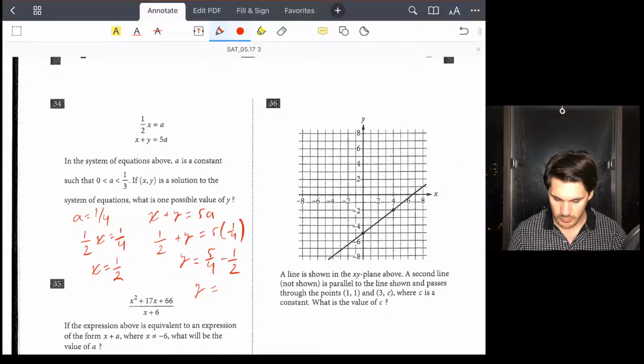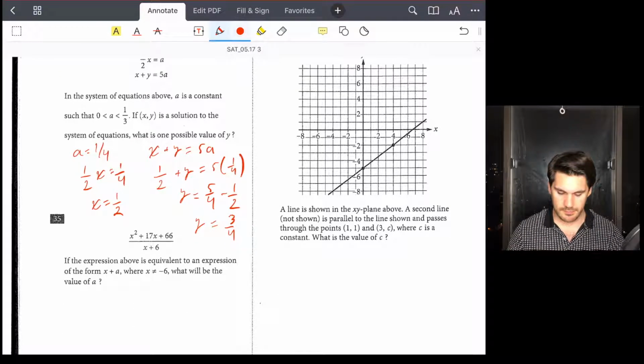So y equals, in this case, 3/4. So that'll work as an answer. Really, any answer that you get that's going to be between 0 and 1 is going to be correct. So y has to just be between 0 and 1. Okay, great. On we go.